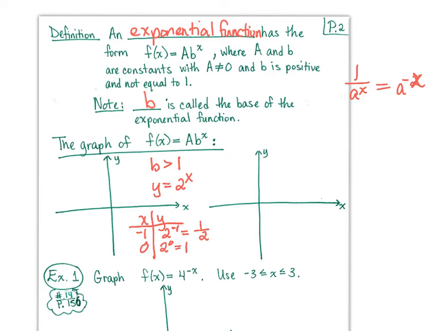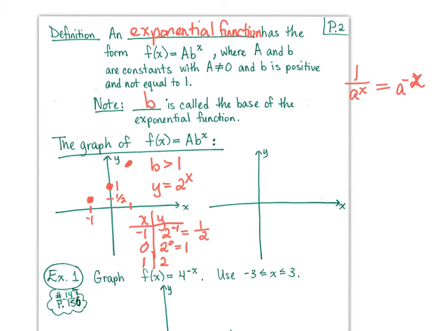So 2 points we can plot is -1, 1/2. That's 1 point. The next point we can plot when x is 0, we get 1. What about 1? When x is 1, what's y? 2. So we can plot 1, 2.